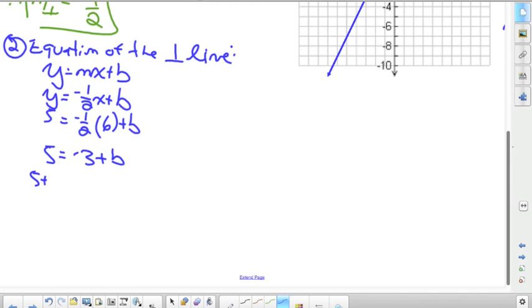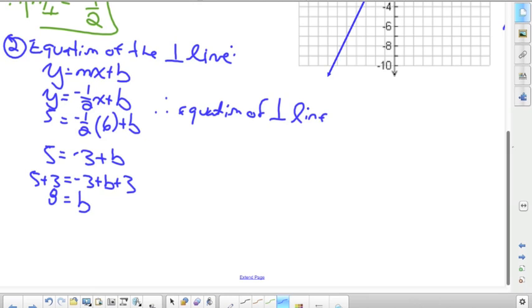Add 3 to both sides, and I get b is equal to 8. So therefore the equation of the perpendicular line is y is equal to negative 1/2 x plus 8.